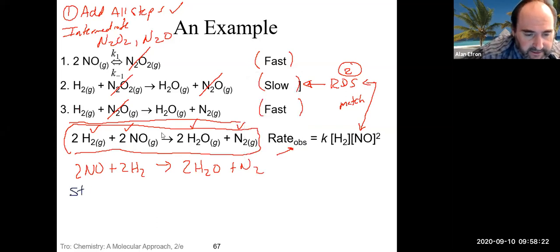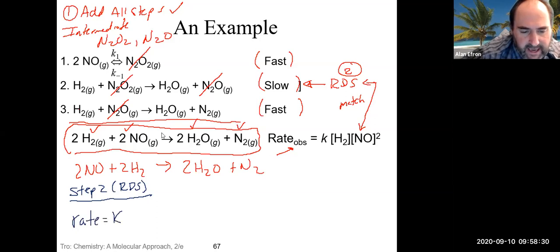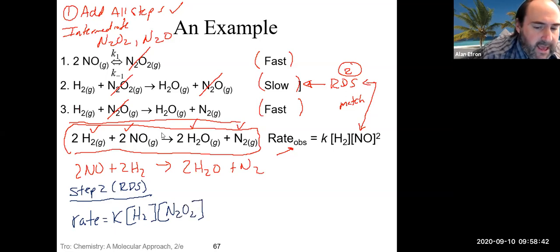For step number 2, which is our RDS here, we could write the rate law: the rate would equal k times the concentration of H2 times the concentration of N2O2. What we want to do now is take a look at this rate law for our slow step, and see, does it match the rate law that was found experimentally?